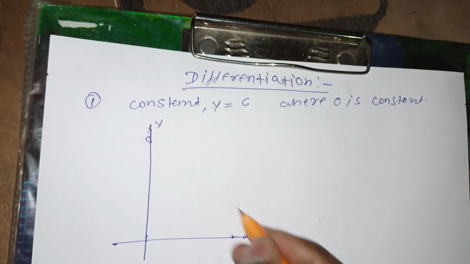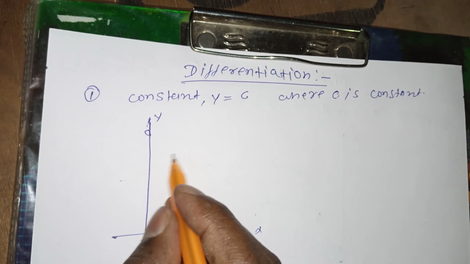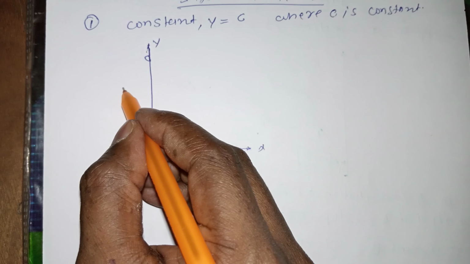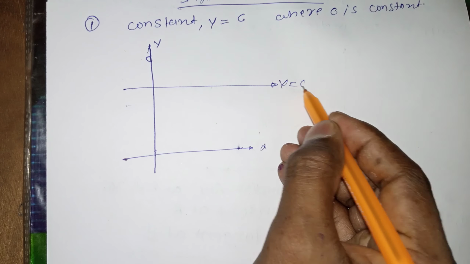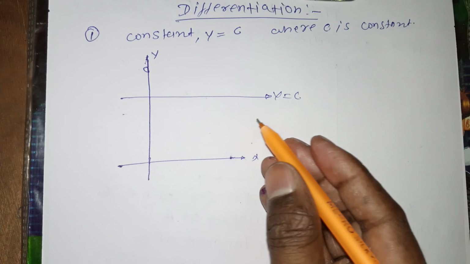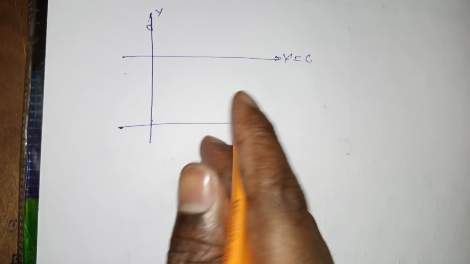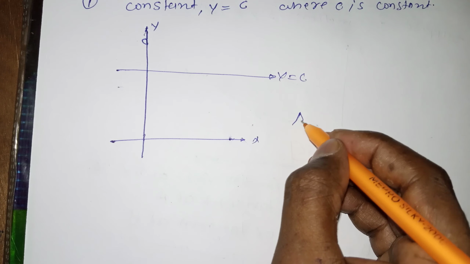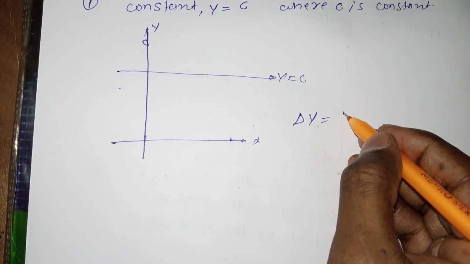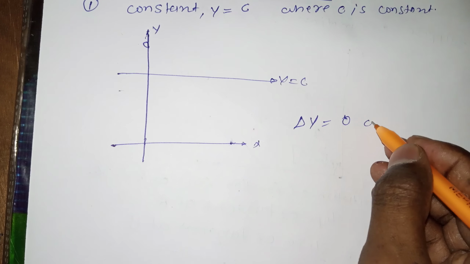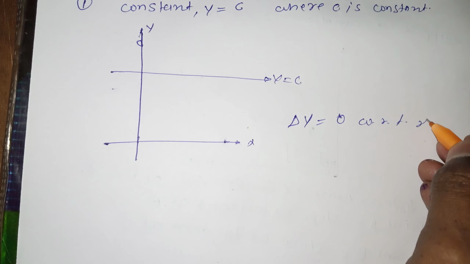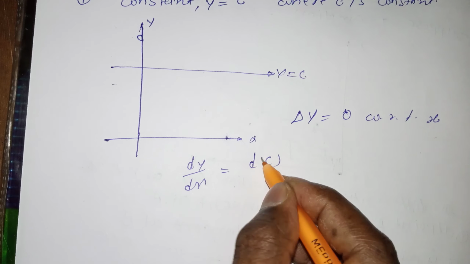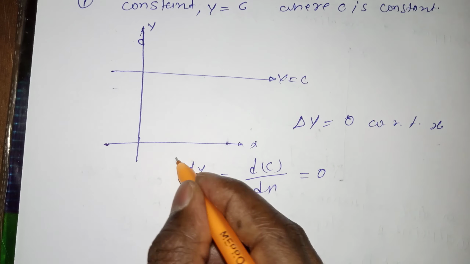So this is y, this is x, then y equal to c. The value of y is constant for all values of x. As we are seeing that there is no change in y with respect to x, hence dy by dx equal to 0, so dy by dx equal to dc by dx equal to 0.